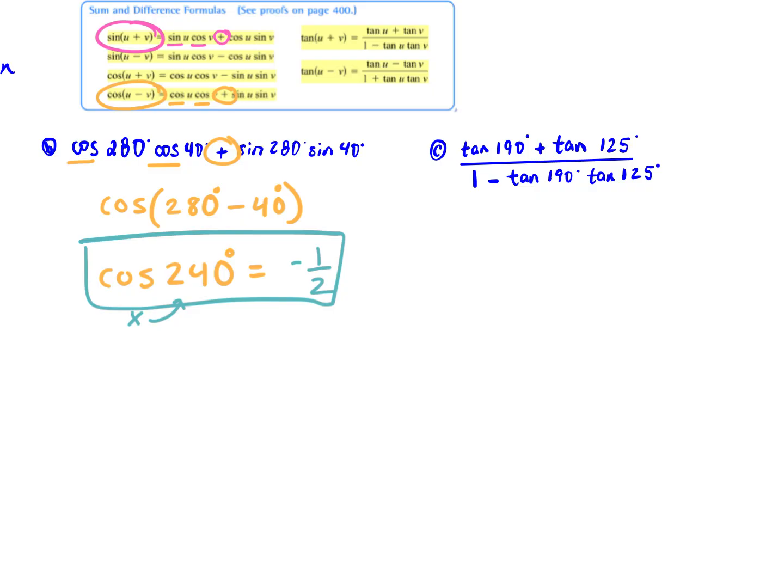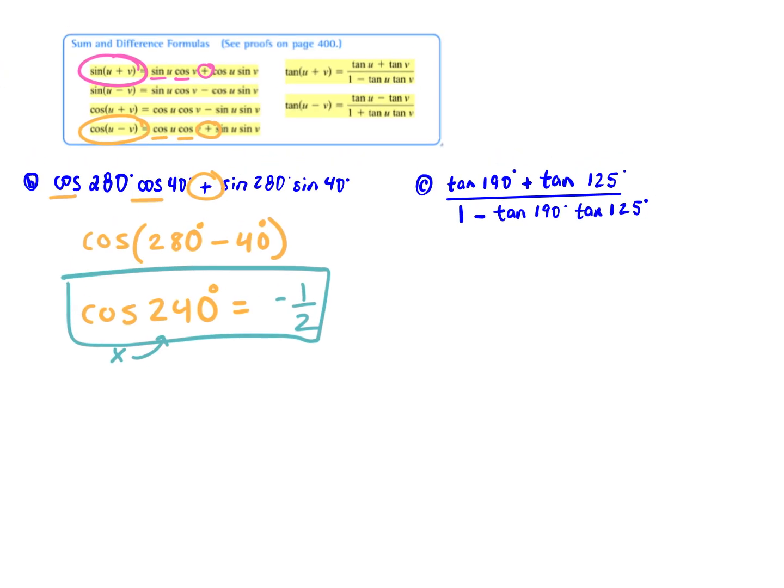All right, next let's do C. So here it's kind of obvious that it's going to be the tangent, one of the two tangents. Which one has tangent with a plus sign up top? The first one, tangent of u plus v. So this is going to be tangent of 190 plus 125.